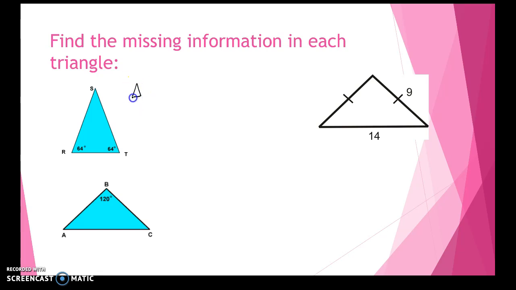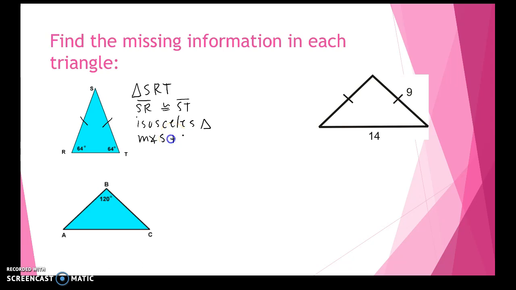Okay, so when I look at triangle SRT, I notice that angle R is congruent to angle T, so that tells me that segment SR would be congruent to segment ST. Okay, so that tells me that it's an isosceles triangle. And if I'm looking for the measure of angle S, well then I can use my triangle sum theorem.